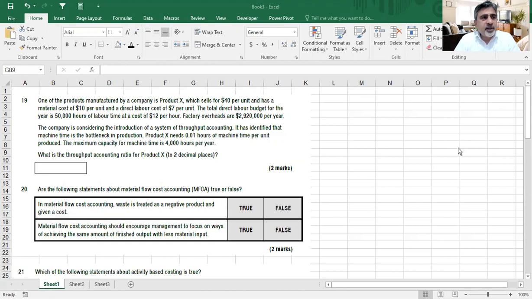Coming to throughput accounting, it is generally more suitable for large scale production businesses, where you want to see your contribution generated per hour. The businesses are so huge in size that you do not plan on annual basis, you do not plan on monthly basis.